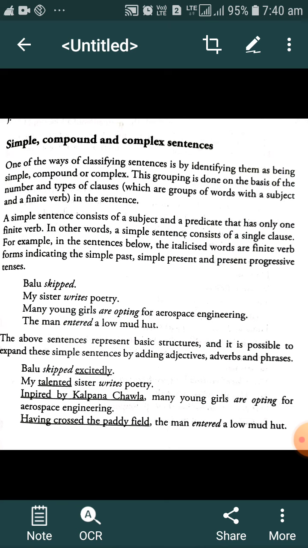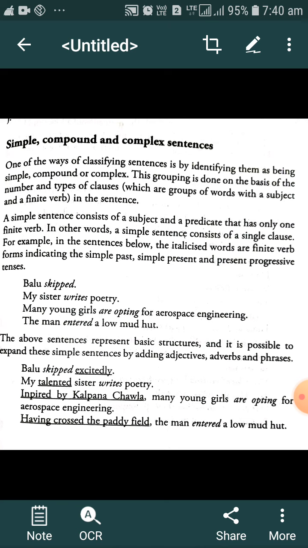Those phrases can be formed with the help of infinite verbs. Okay. Inspired by Kalpana Chawla, many young girls opt for aerospace.